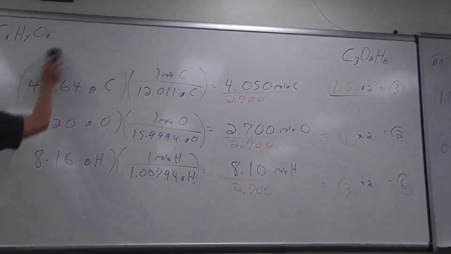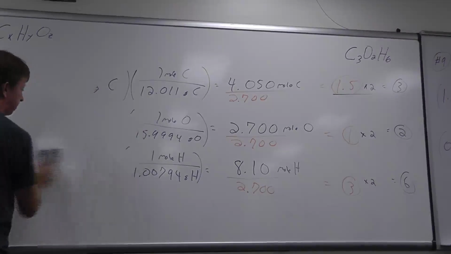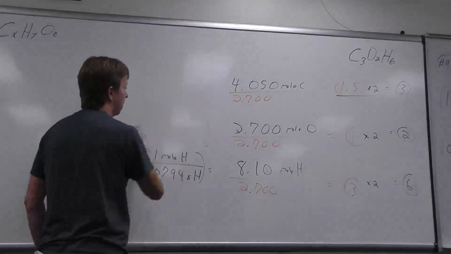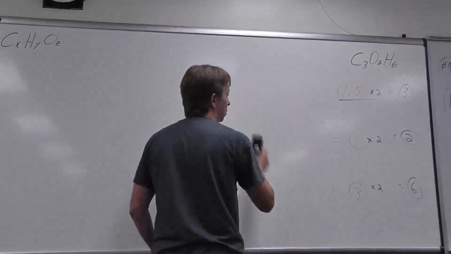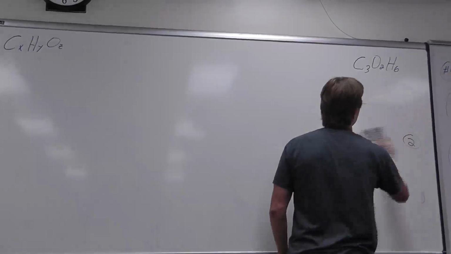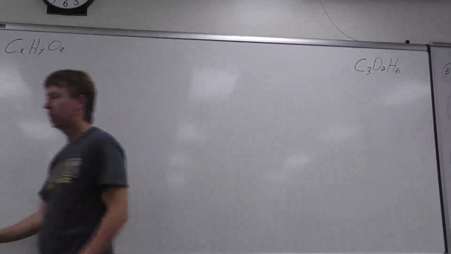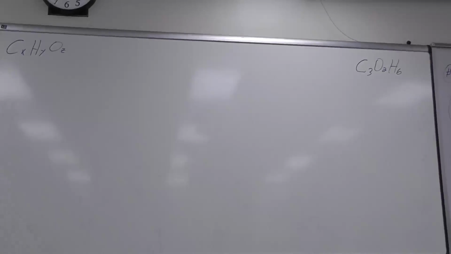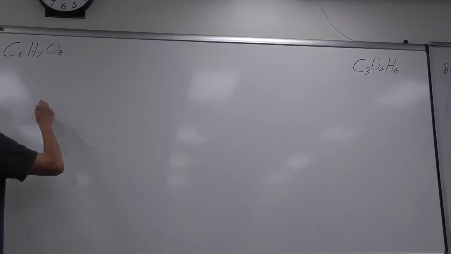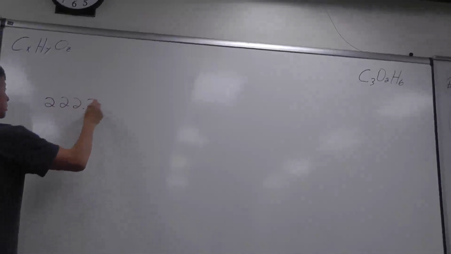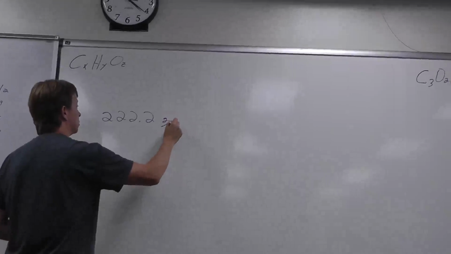All right. Now, the next part of this problem is wanting you to go from the empirical formula to the actual molecular formula. And the extra piece of information it gives you is molar mass. It tells you that the actual molar mass of the compound is 222.2 grams per mole.